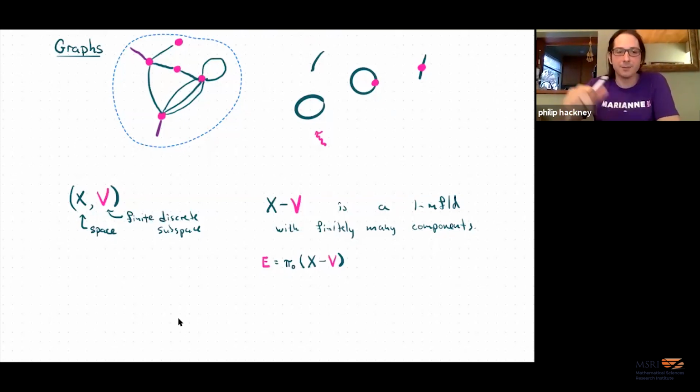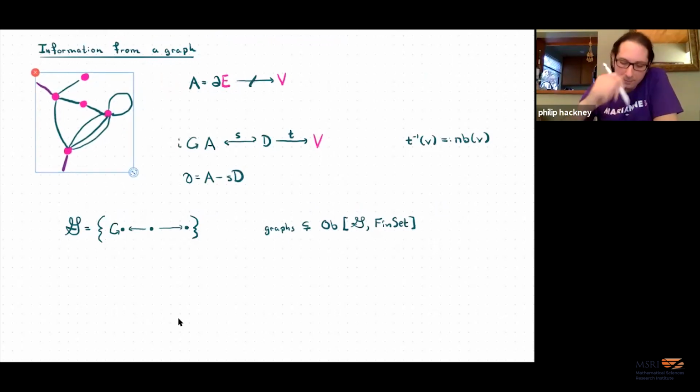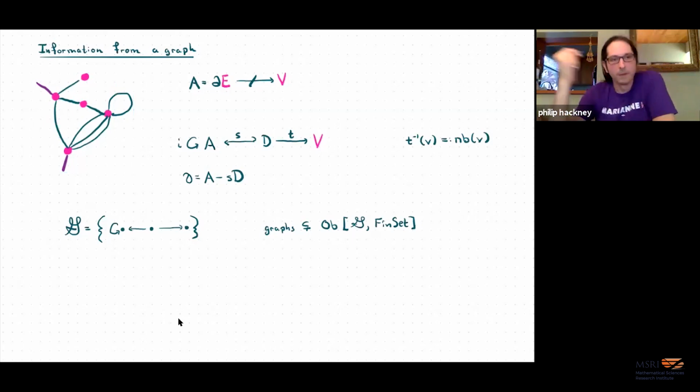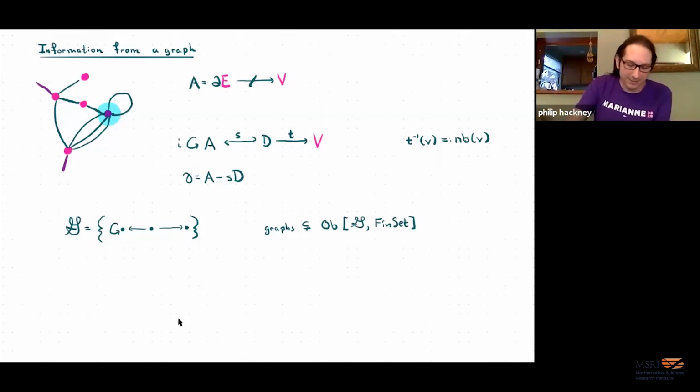Right, so if I have such a thing, what's some information that I can glean from it? Well, first of all, if I look near any of the vertices, I can look at these germs of edges that come into the vertex.